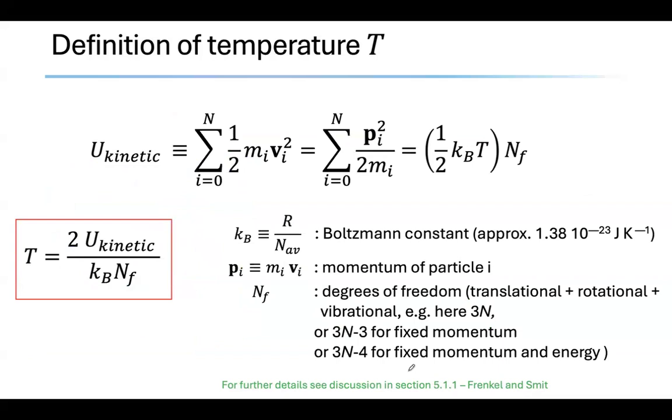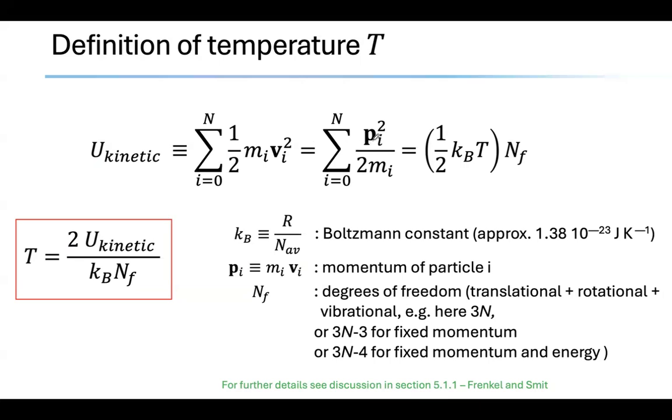Now, also a common thing that you always encounter in molecular simulations is how to calculate the temperature. So the definition of temperature is derived from the kinetic energy. The way you calculate temperature is first you evaluate the total kinetic energy. This is easy because you know the velocities of all the particles at any given instant of time. And once you know the velocities, you know the kinetic energy.